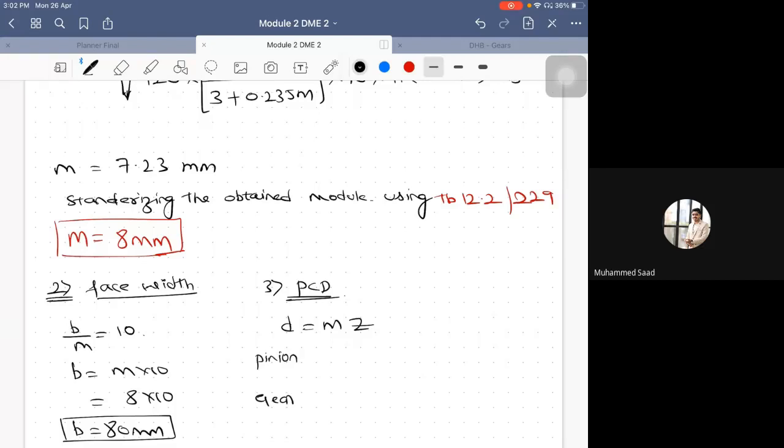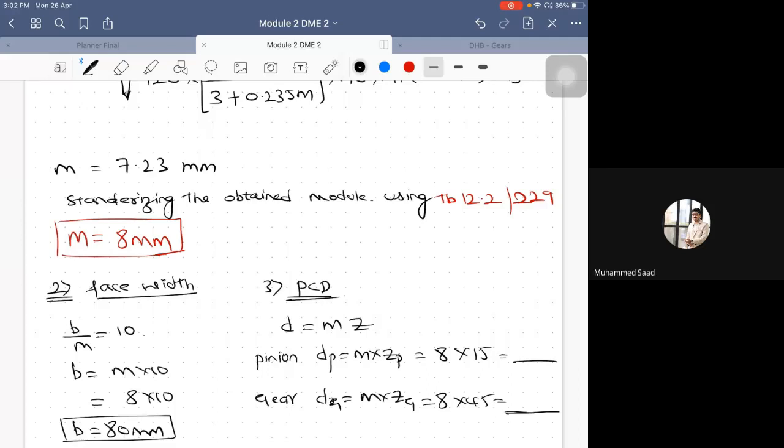So dP equals m cross zP, and dG equals m cross zG. Substitute the values. So m is 8, zP is how much and zG is how much, the number of teeth? 15 and 45.